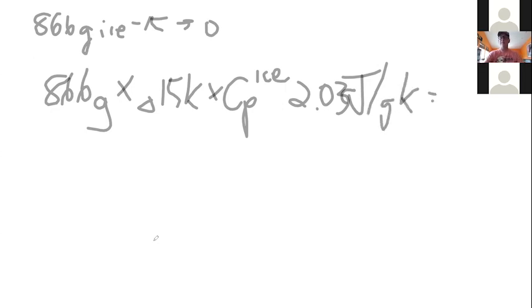So now I have all the information I need for that very first step. I have the mass of the ice, I have the change in temperature of the ice, and I have the heat capacity of the ice. Because remember, Q is mass times heat capacity times change in temperature.